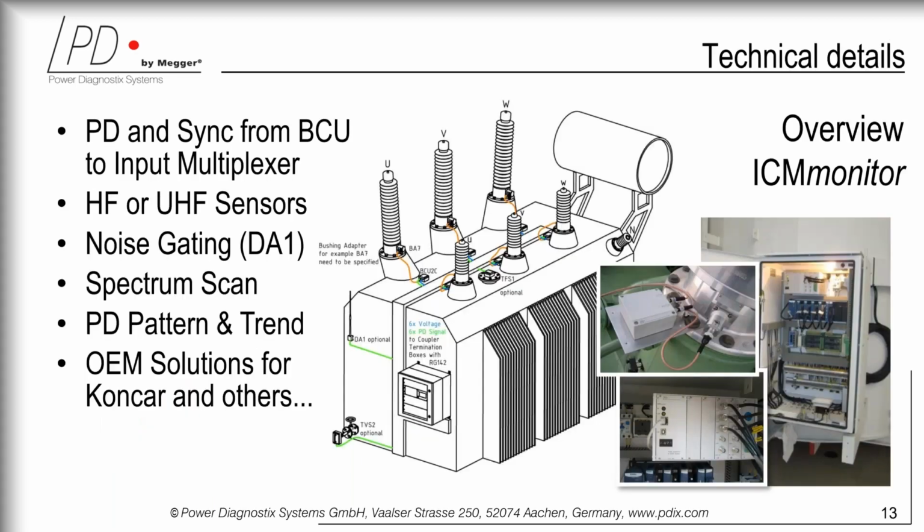So how do we deploy such sensors? If you look at the entire transformer, you see that at the top we have the bushings, and there we have the capacity cap, for which we have designed special fittings. We have a variety of such bushing fittings.